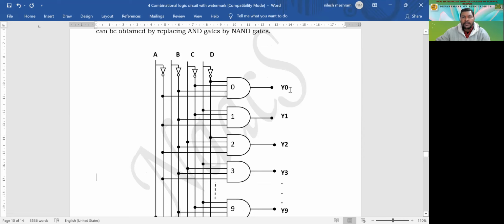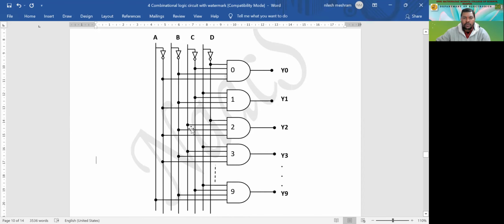Similarly, we'll put an LED over here which resembles 0, so it will show you 0. Now this is for 0 0 0 1. This is being directly fed, not given through the inverted output. So this gate is supposed to become high when the input is 0 0 0 1, right? So automatically the Y1 output will become high.